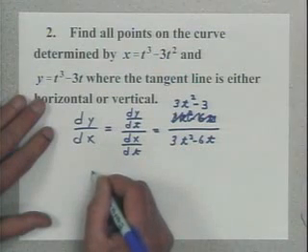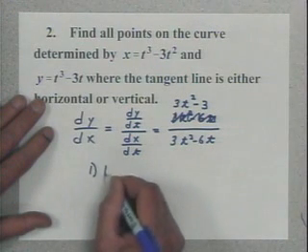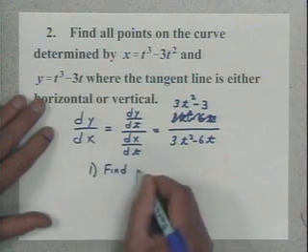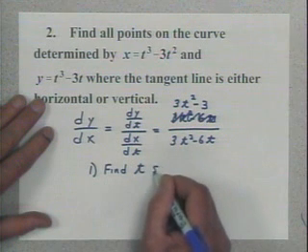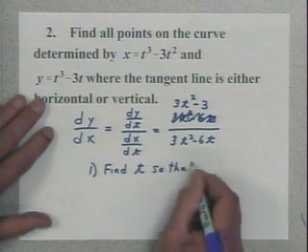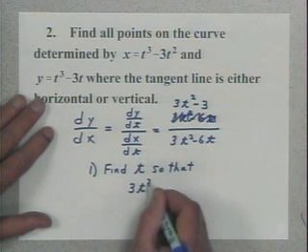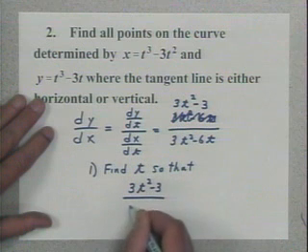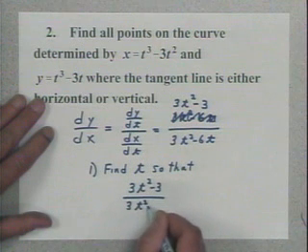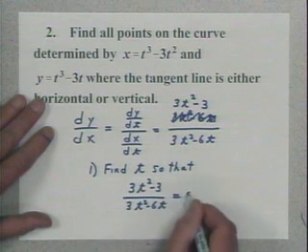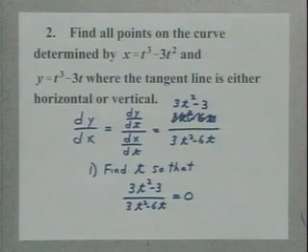Okay, number 1, find t so that this derivative, 3t squared minus 3 over 3t squared minus 6t, equals 0. I want to find t so that that happens.